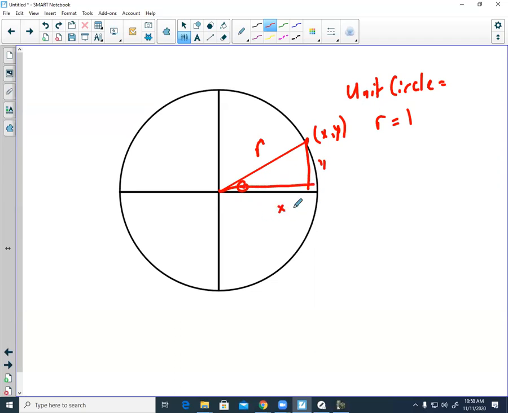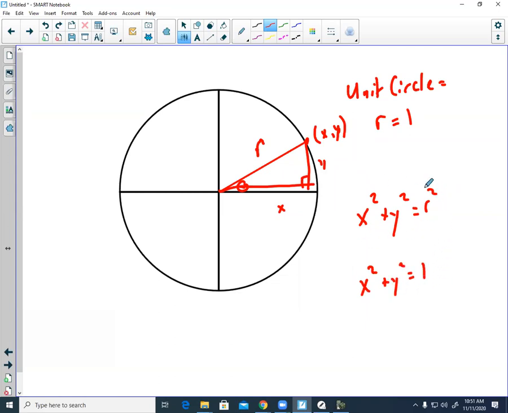So I could create a right triangle with a side length of x, a side length of y, and a side length of r. So this would be x squared plus y squared equals r squared. Now in the unit circle, this is always going to be 1, so it's no big deal. So on the unit circle, we always have x squared plus y squared equals 1, and that's great.